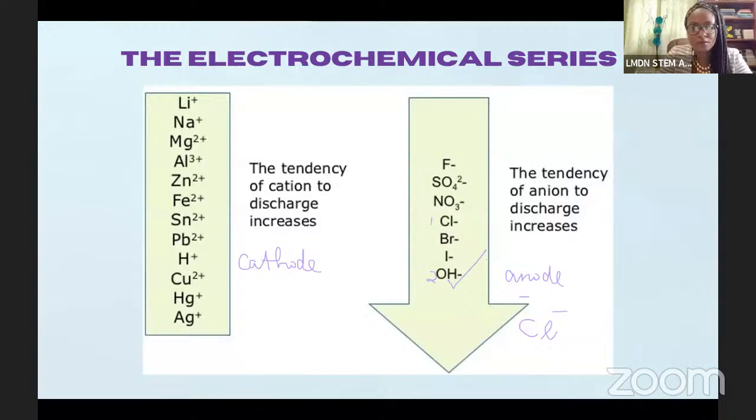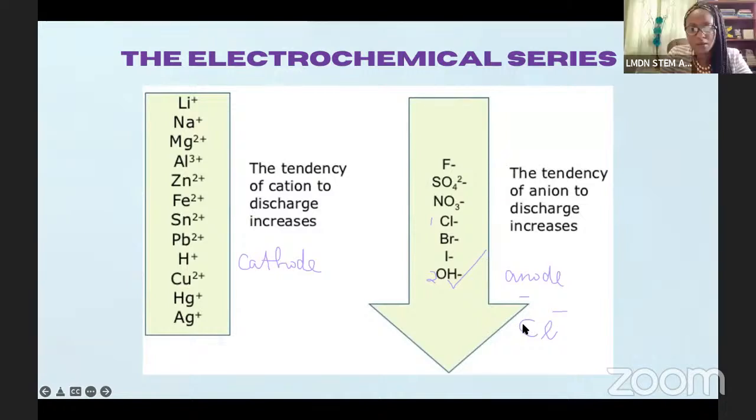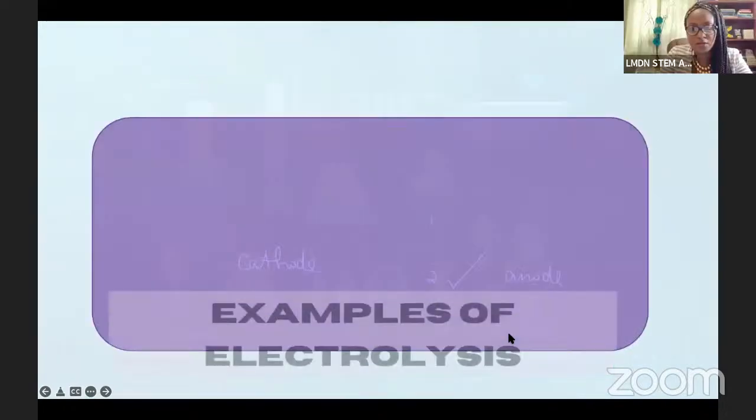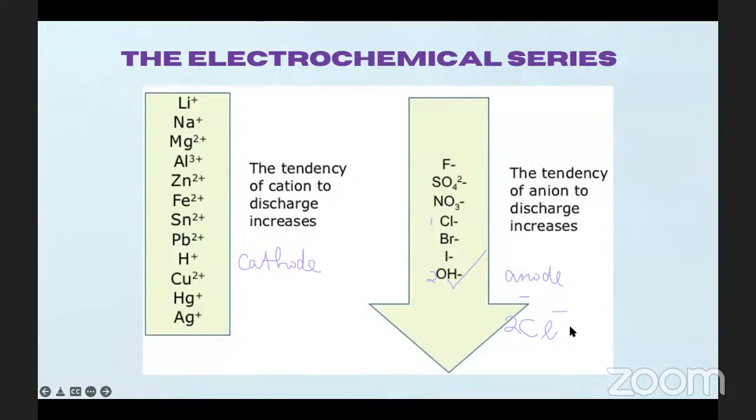Miss, it's 2 chloride ions yield Cl2 plus electrons. So let me write that real quick. So you're saying this is supposed to be 2 chloride ions, and then what you said happened now? Yield Cl2 plus 2e minus.